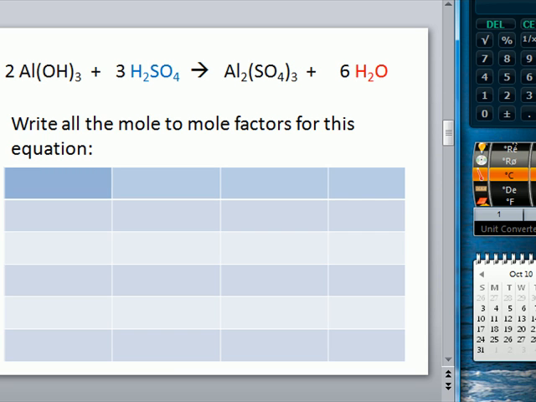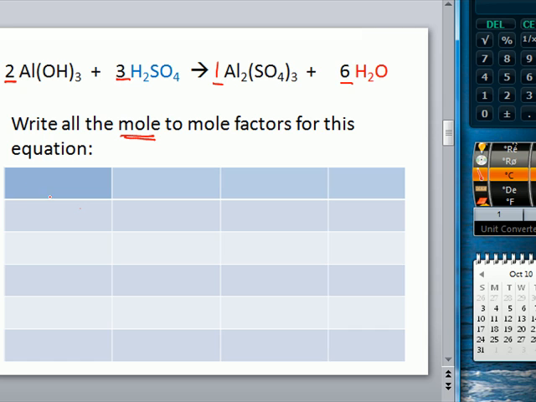Now, in a balanced equation, and here's my sample equation, this tells you the ratio, that's a 1 assumed. This tells you the ratio of the number of molecules that react with each other. And these are written in either single molecules, or what is actually more useful, moles of molecules.